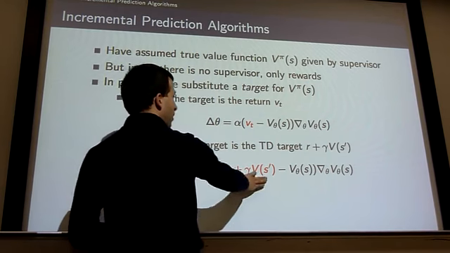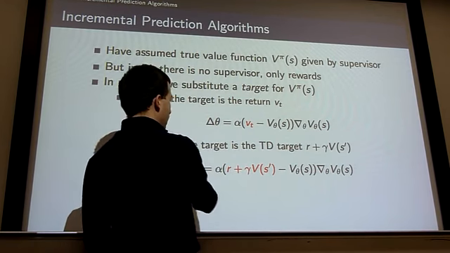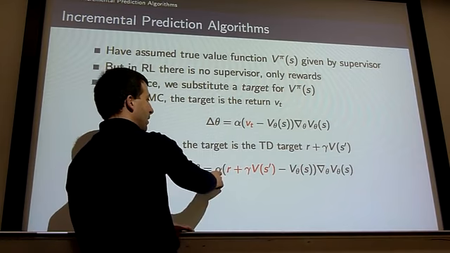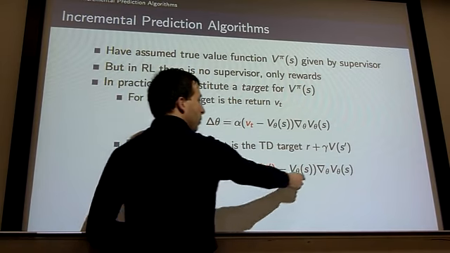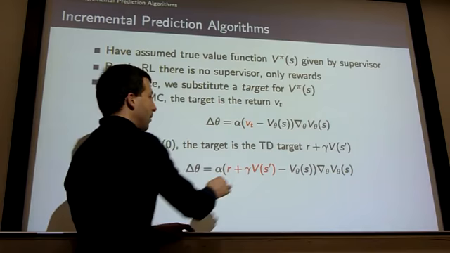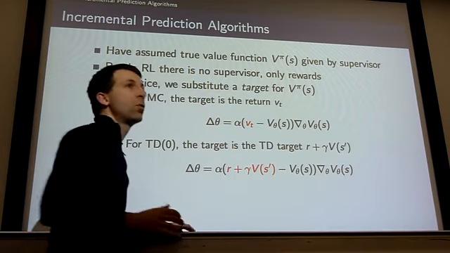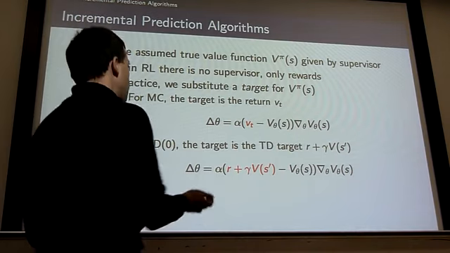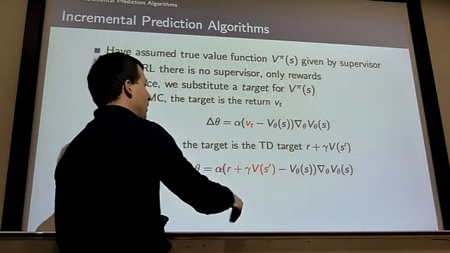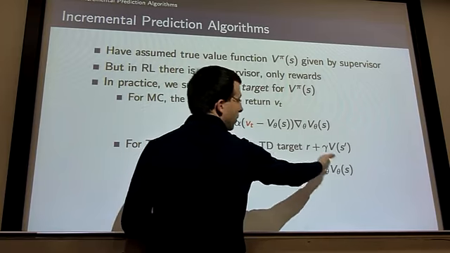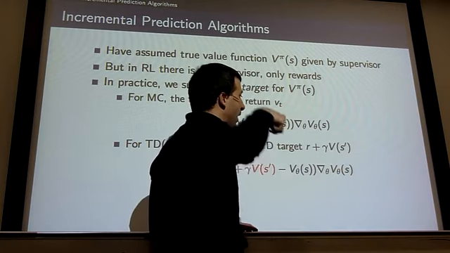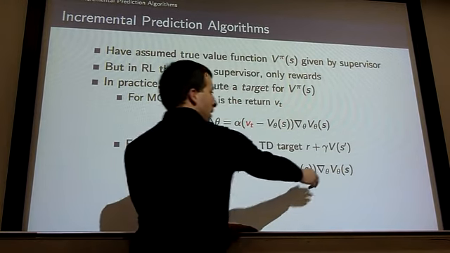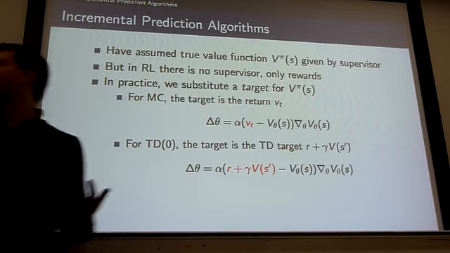So we update the parameters a little bit in the direction of the difference between how much reward we thought we would get, and our revised estimate of how much reward we thought we would get after taking one step. That's our error. We take a gradient step in the direction based on that error multiplied by something which assigns credit to the different features. In the linear case, this is just our feature vector phi.